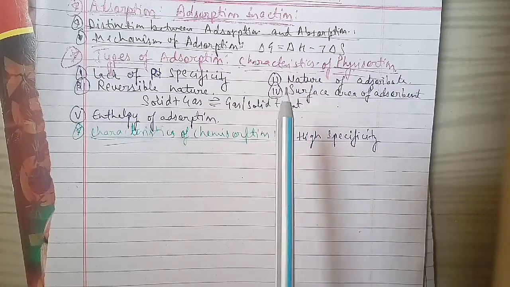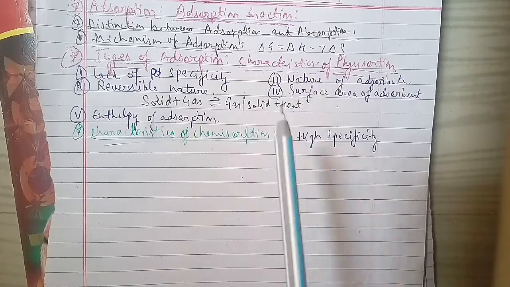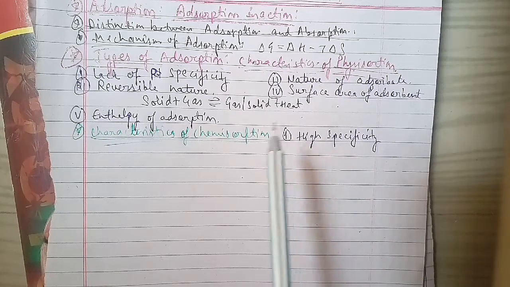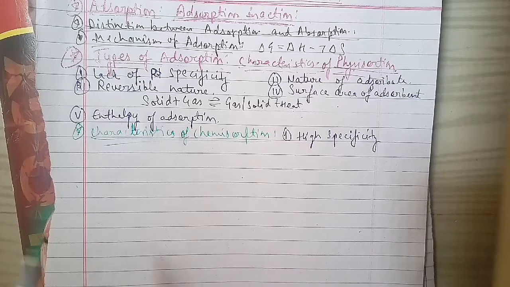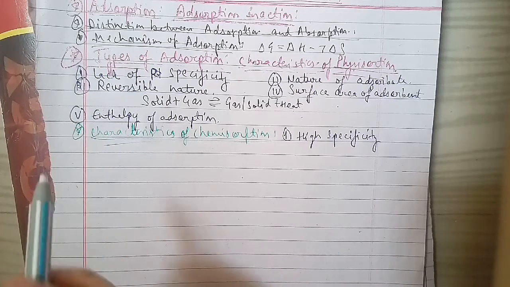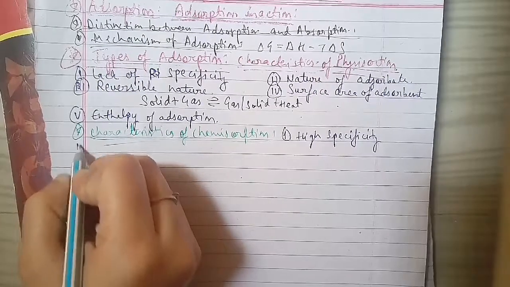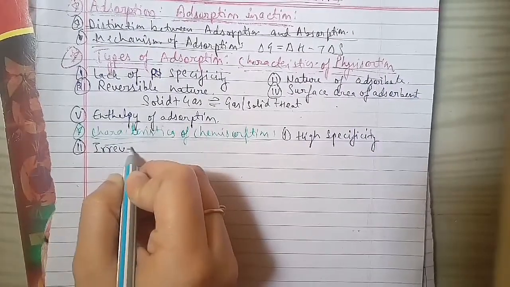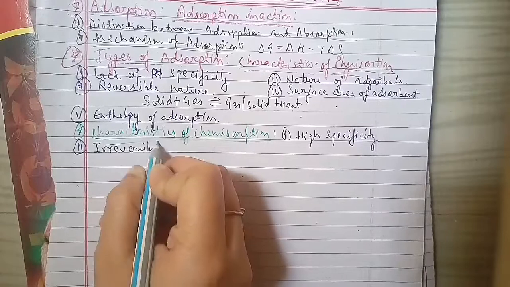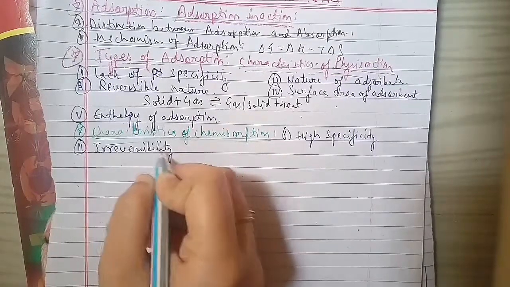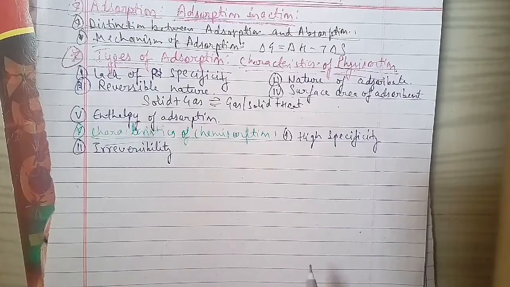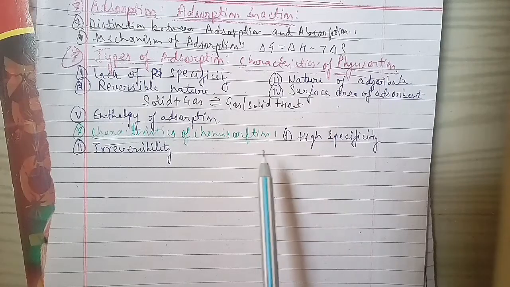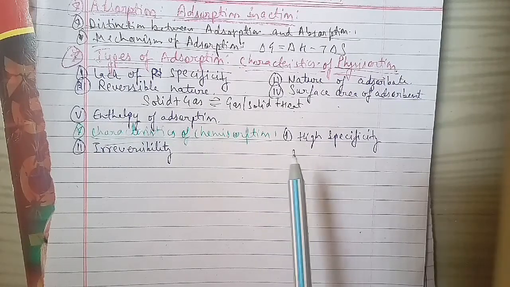The second is irreversibility. As chemisorption involves compound formation, it is usually irreversible in nature. Chemisorption is also an exothermic process, but the process is very slow at low temperature on account of high energy of activation.